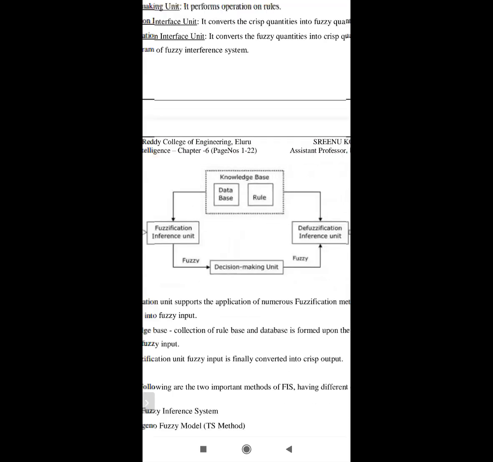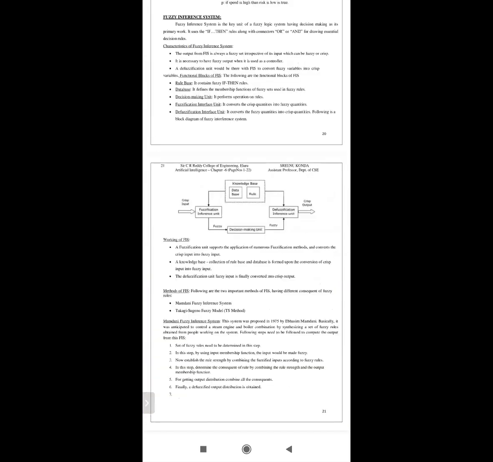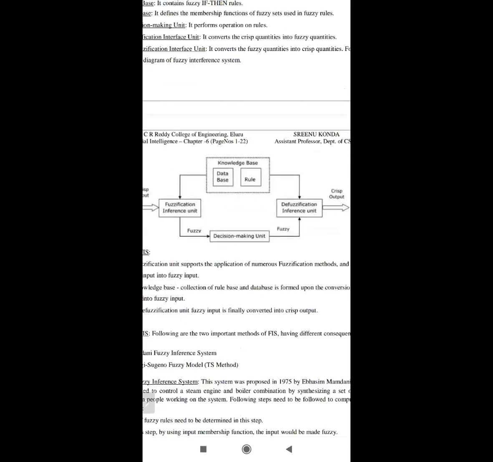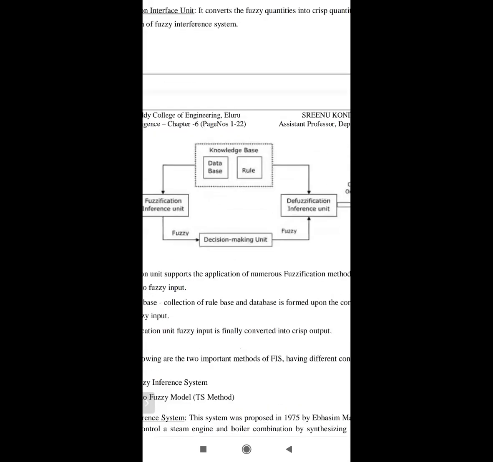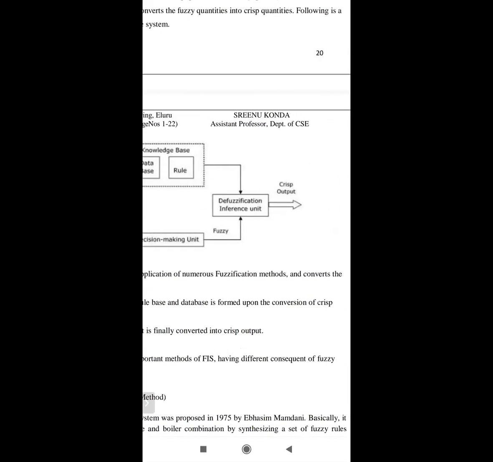This decision making unit applies the rules, or performs the operations on rules, and then we get the fuzzy output. This fuzzy output will be given to the defuzzification inference unit. The aim of this defuzzification inference unit is to convert the fuzzy output to crisp output. Now I get the crisp output as the output.